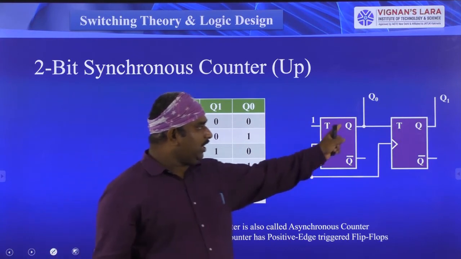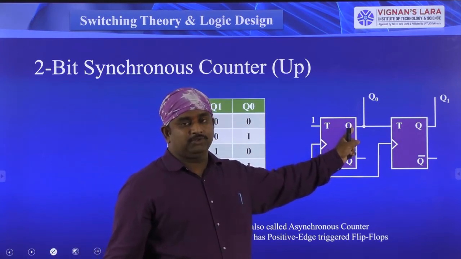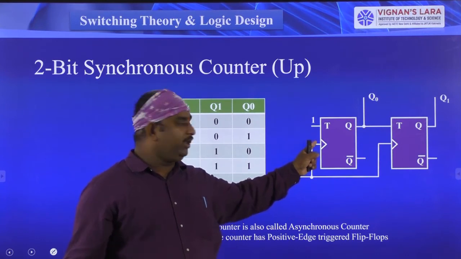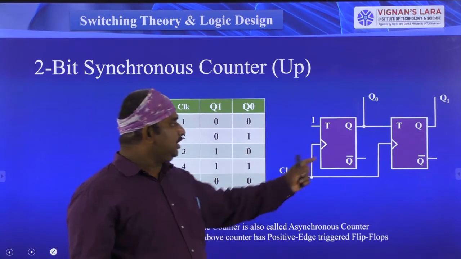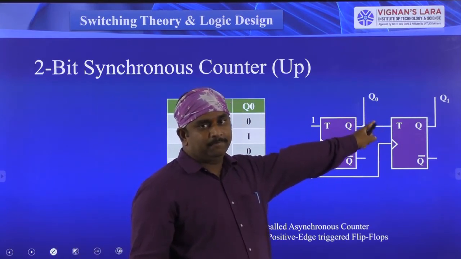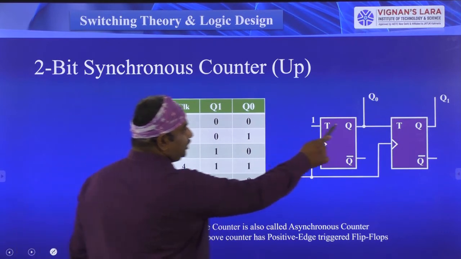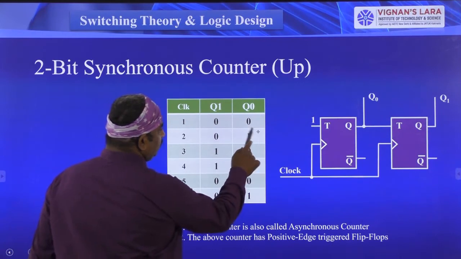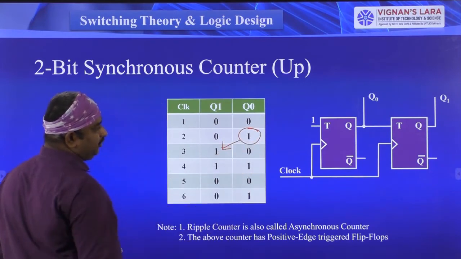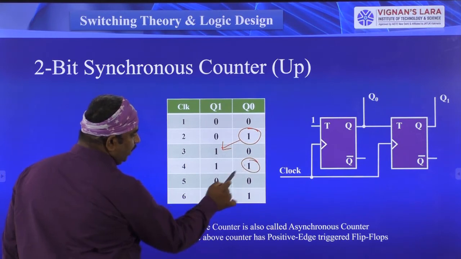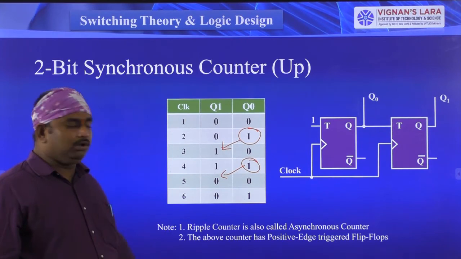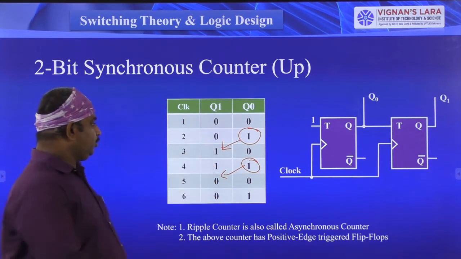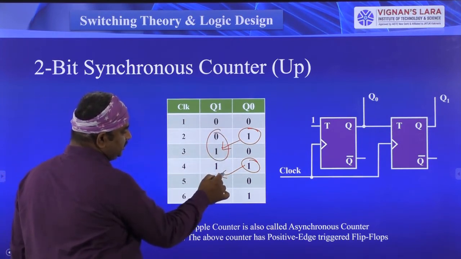Next, whenever the Q output is shifting from 0 to 1, that is, when Q0 is equal to 1, then only the output of Q1 is changing. Right? So when Q0 is equal to 1, you can see the change in the behavior of Q1. That is, 1 is shifted to 0, 0 is shifted to 1. So you can see the change.